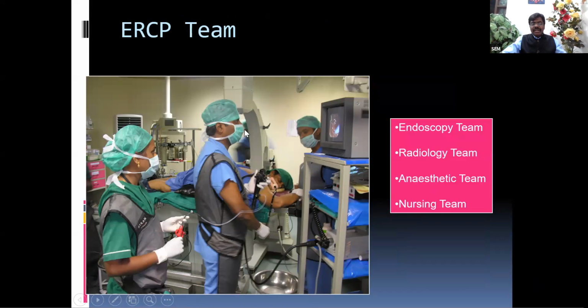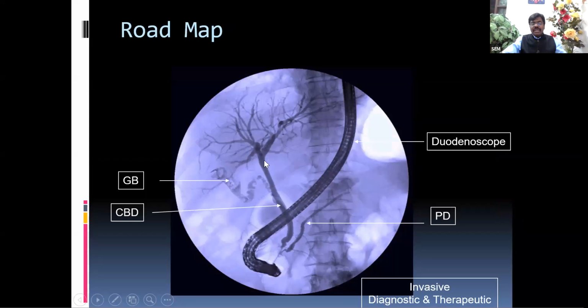Endoscopist like me, radiographer with a C-arm, so it is done in the theater, anesthetist at the head end to take care of the patient, nurse to help me. So all 4, we try to enter the duodenum, and through the special accessories, we are able to take a picture of the bile duct, pancreatic duct.